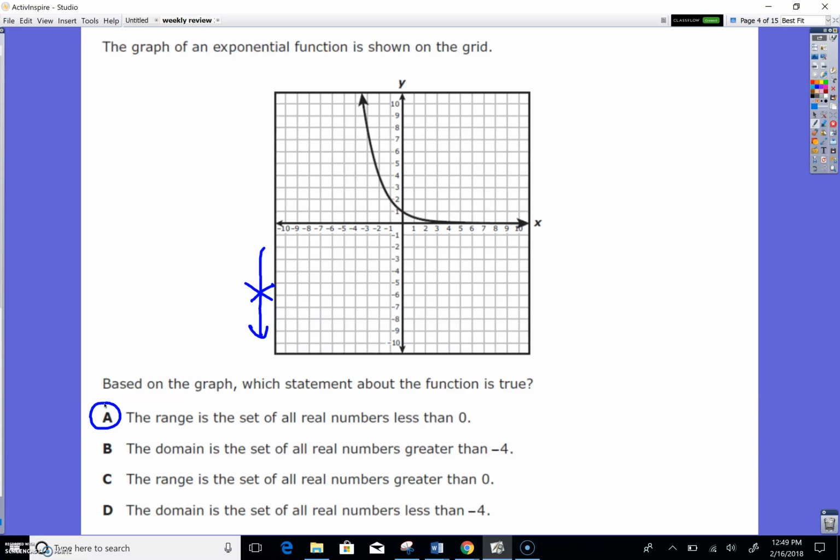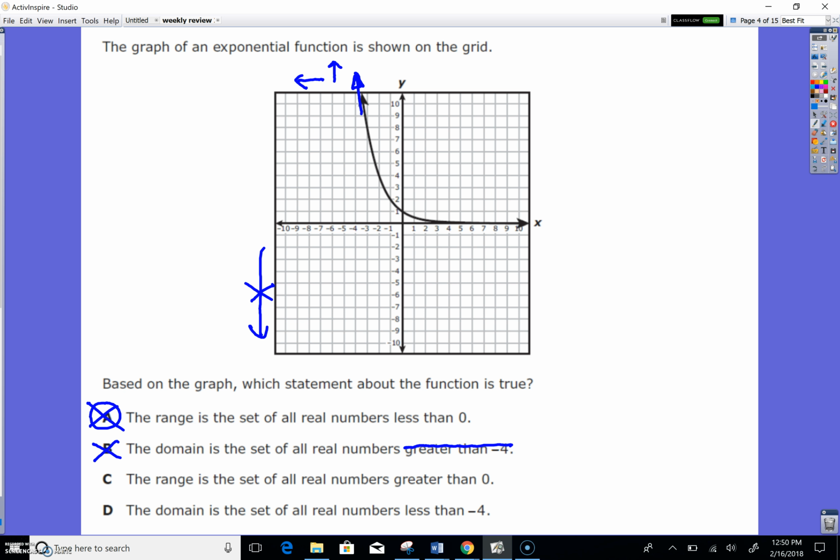It looks like it's correct, but remember, this one keeps on going. That means it keeps going up and it keeps going to the left. So the domain goes to infinity. The domain should just be all real numbers, okay? So the first two are off.